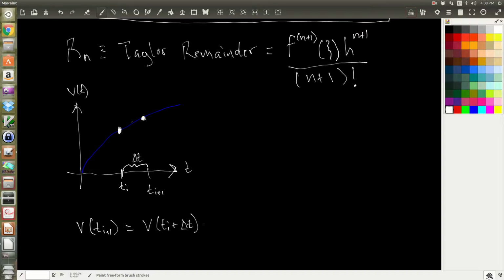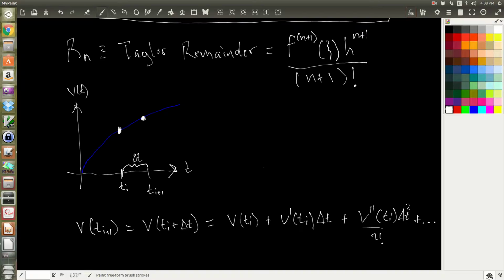That is going to be equal to v at ti, this is the Taylor series, plus v prime at ti times delta t, plus v double prime at ti times delta t squared, all over 2 factorial, plus other terms. I'm just not going to write down the other terms, I'm just going to stop right here.